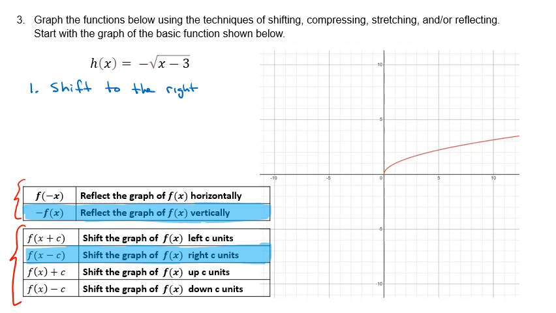-3 on the inside means we move over 3 units to the right, so that will be the point 3 for the x, comma 0 for the y. All right, let me use a different color. Actually, I'm going to change to blue. 1, 2, 3. That's right there. That's the point 3, comma 0.